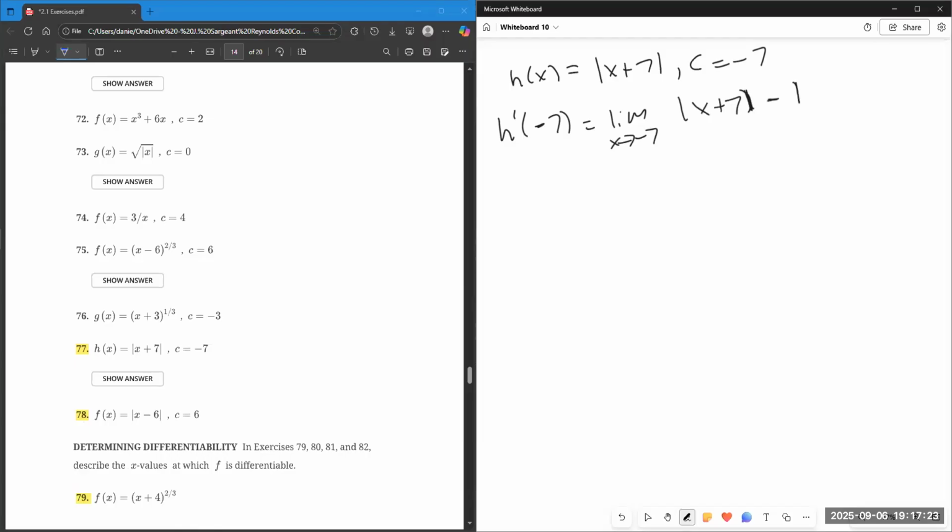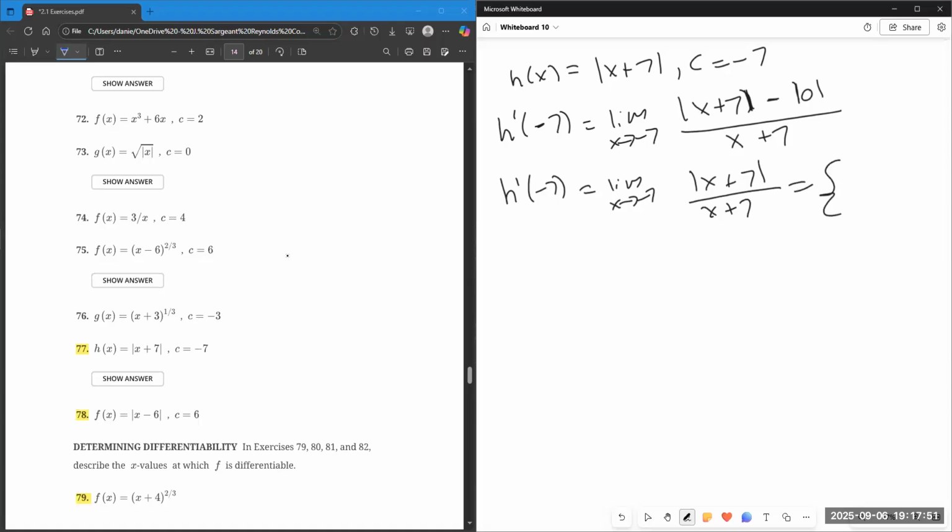absolute value of x plus 7 minus absolute value of 0 over x minus -7, x plus 7. So this is h prime of -7, limit as x approaches -7, absolute value of x plus 7 over x plus 7.